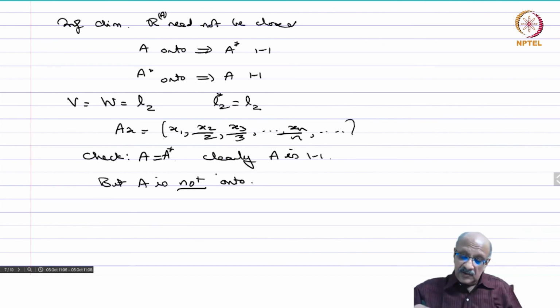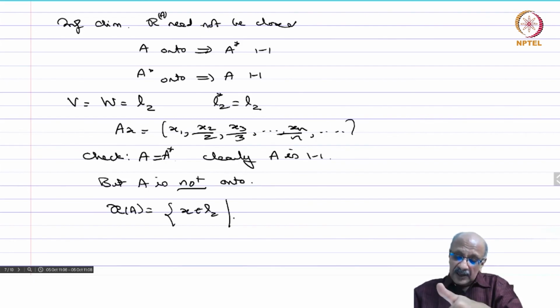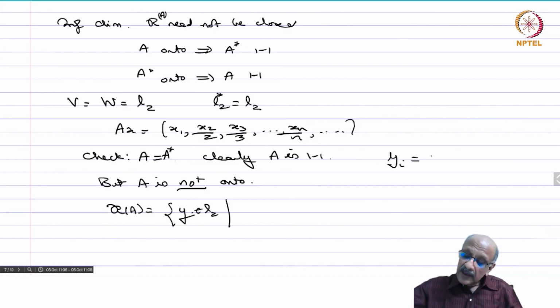Because what is the range? The range of A is the set of all y in L2 such that yi equals xi by n, where x is in L2 and y is also in L2.